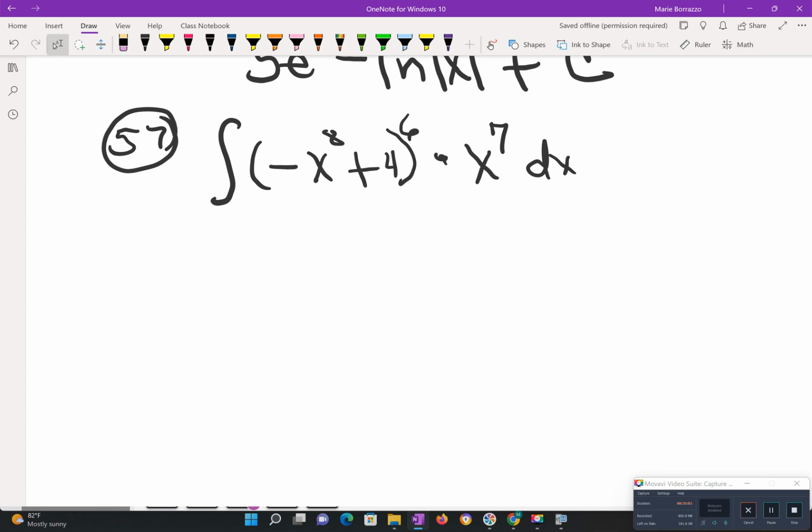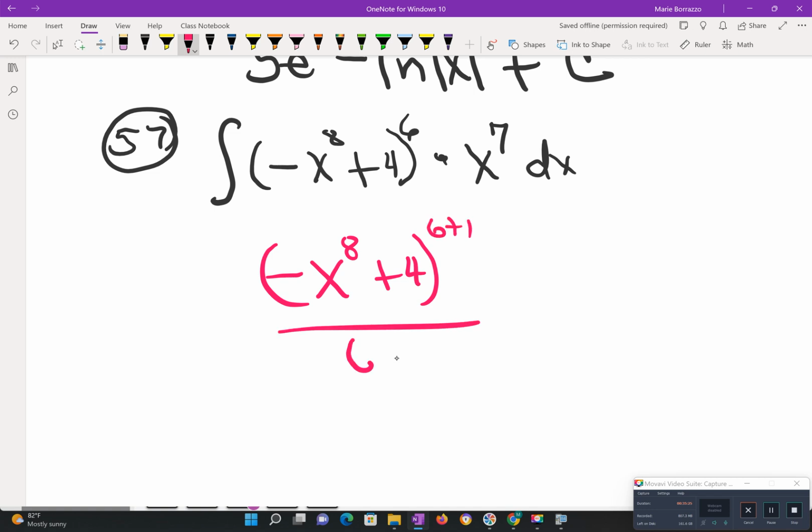Okay, so the antiderivative, remember we're going to add 1 to the exponent and divide by that. So this becomes negative x to the 8th plus 4, and this becomes 6 plus 1, and we're dividing this by 6 plus 1.